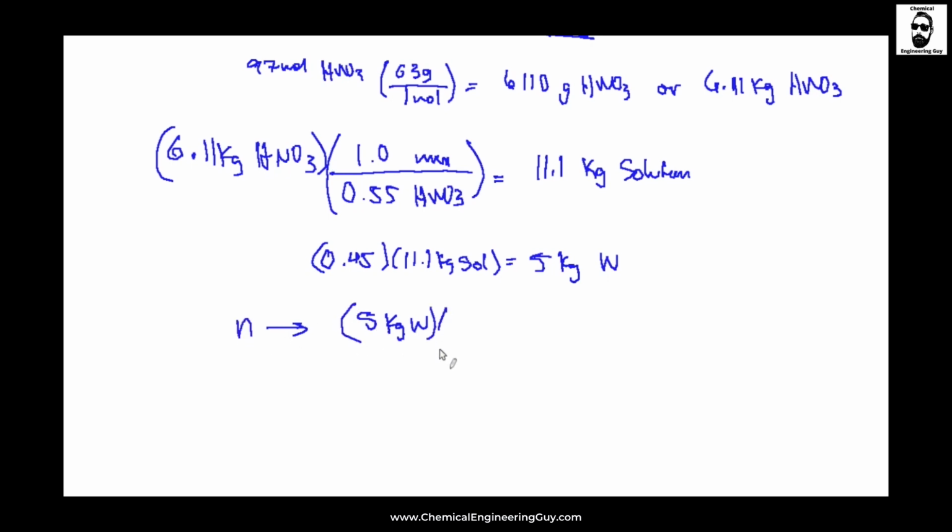So I just need to divide by the amount of water. 18 kilograms of water is 1 kilomole. So divide this by 18, I got 0.277 kilomoles. But since I'm not talking in kilomoles in all my previous problem, I'm going to change it to moles. It's 277 moles of water.